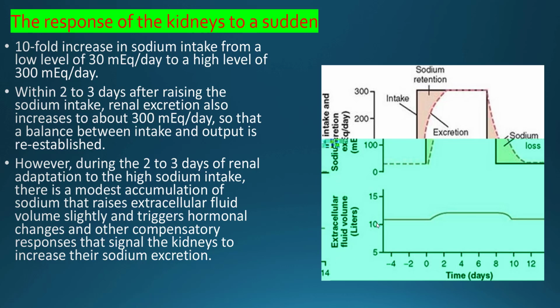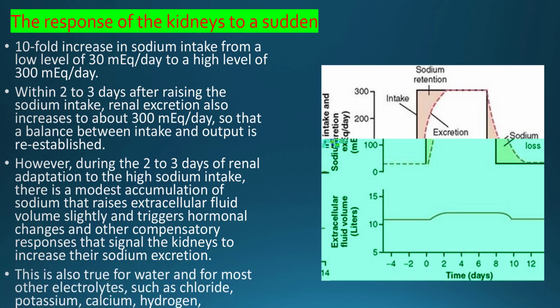Initially, in those 2 to 3 days, when the kidney has not adapted to excrete the excessive sodium, extracellular volume is increased. But when the kidney becomes adapted to the extra sodium, the extracellular volume again becomes normal.